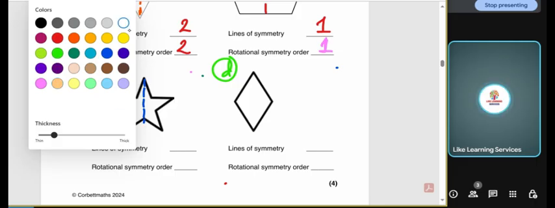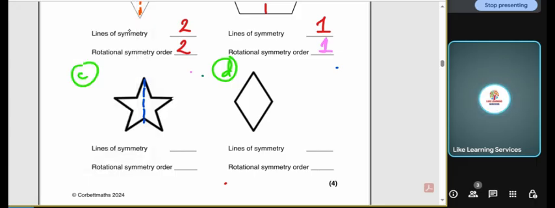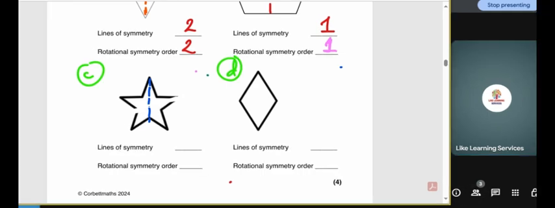Okay, let me redraw it. Let me use this to divide it into two. If we fold it like this, do you think it will not lap? Are you sure it will not lap? So what do you think?